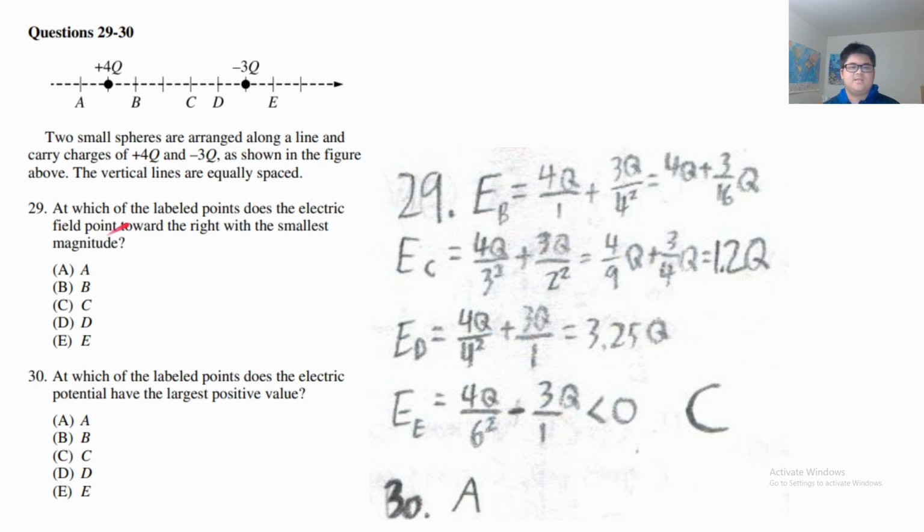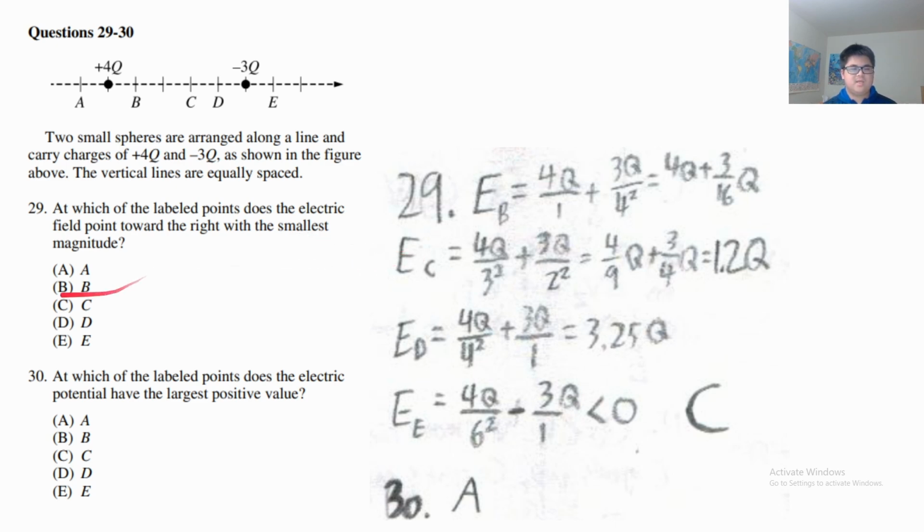Now, we know that E cannot be correct because if we solve for the electric field at point E, we'll see that it's less than 0. And since it is negative, it points towards the left. But it cannot point towards the left because it only points towards the right with the smallest magnitude.